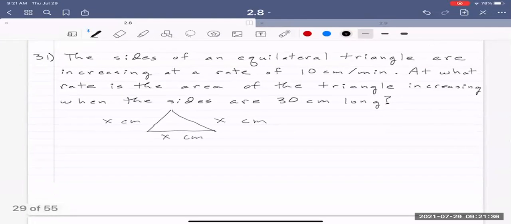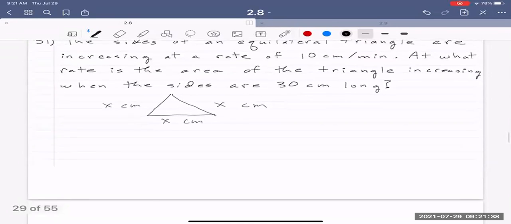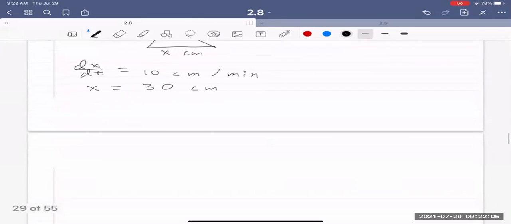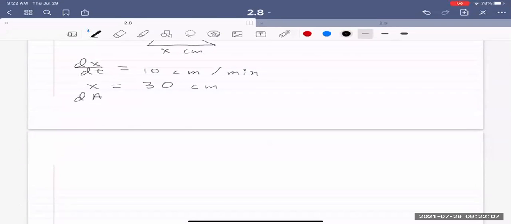They're increasing at a rate of 10 centimeters per minute. You want to determine the rate at which the area is increasing when the sides are 30 centimeters. And so what is dA/dt?